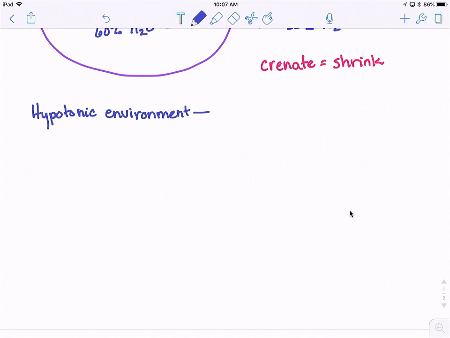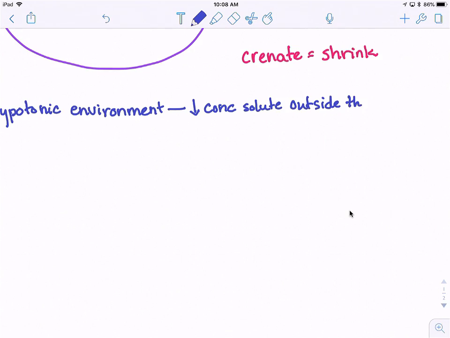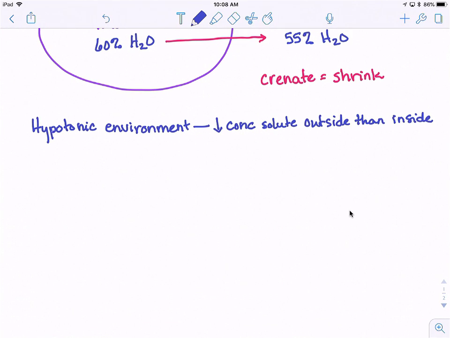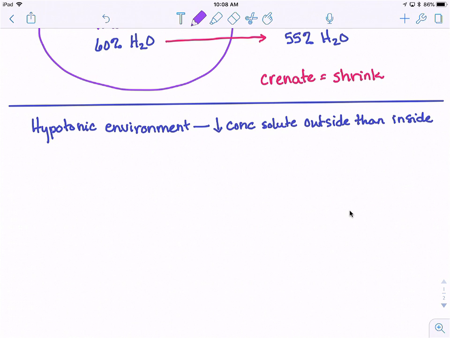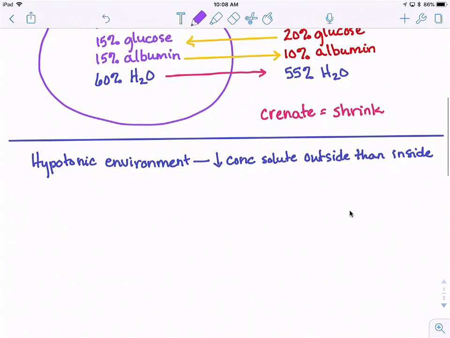In a hypotonic environment, the concentration of solutes is lower on the outside in comparison to the inside. So I'm using the same kind of cell, so the inside environment is going to be the same.